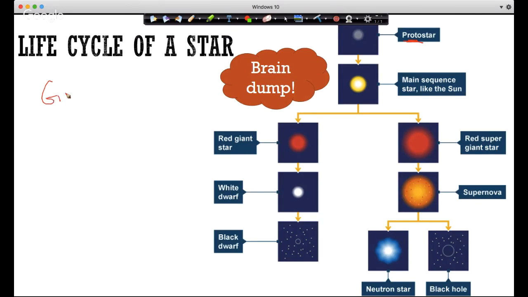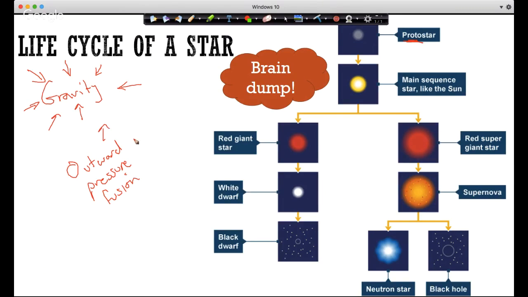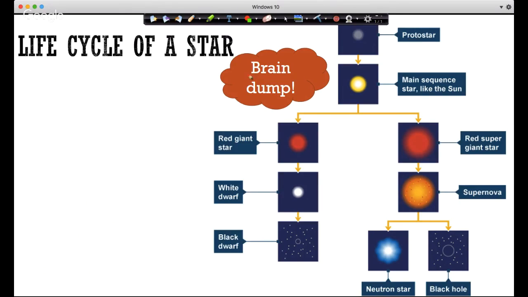So we've got the inner force of gravity. So gravity is pointing into the star. That's going to be bits and pieces falling into the star, so dust and gas. And then we've got the outward pressure of fusion. So fusion is what happens in the star. So the star has got an outward pressure of fusion, and that should be balanced by the inward force of gravity.